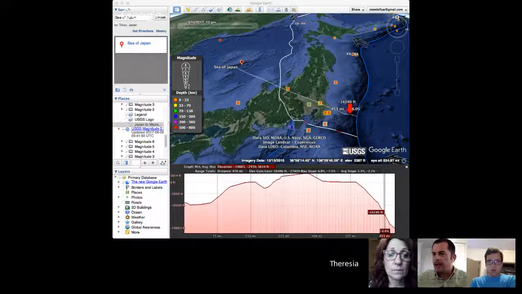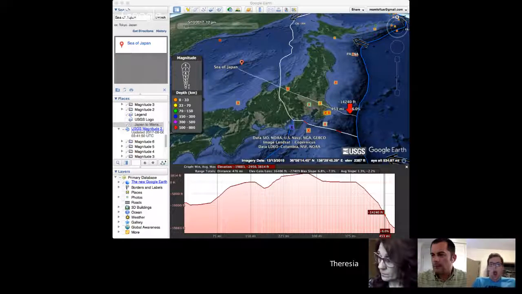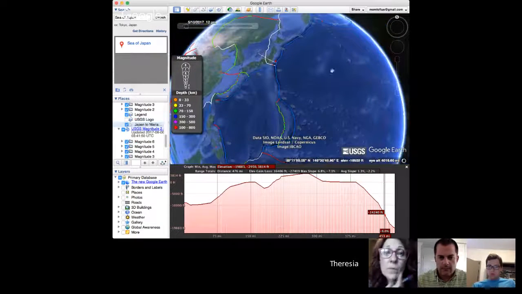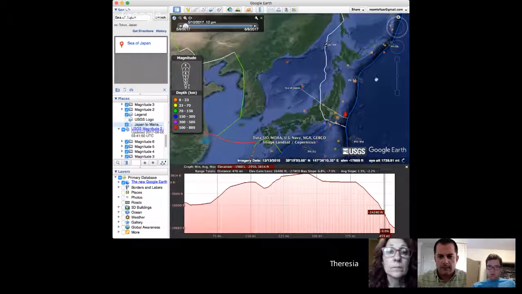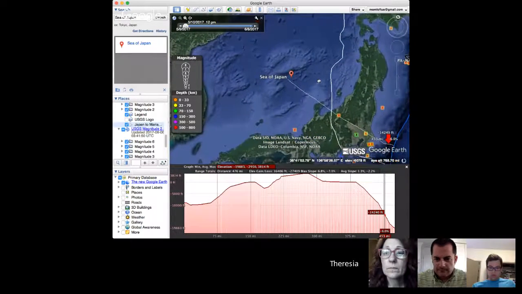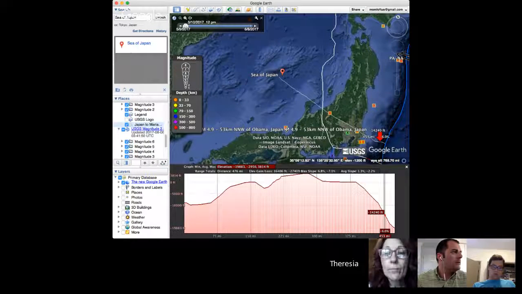So we're supposed to plot the earthquakes that fall along a transect line across the Marianas Trench and into the Sea of Japan. Whoa, come back. My computer's having a life of its own. There we go. Okay. Oh, so those are the X's that you're talking about, huh? Yes, so those X's, if you hover over them, you can see what the earthquake magnitude is and the depth.